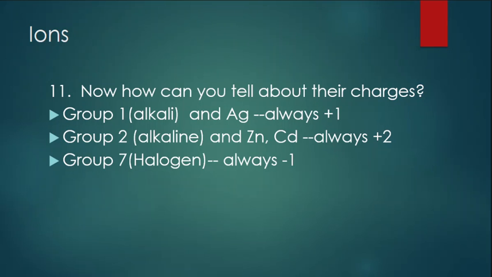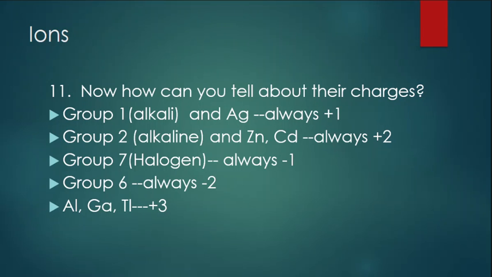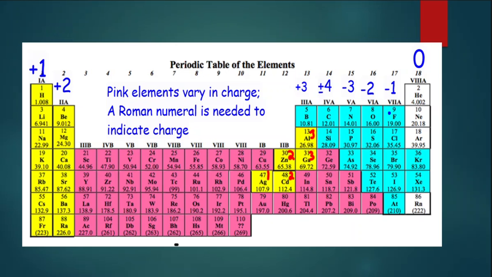The next to the last column are called the halogens, and they will always be -1. The ones next to them do not have a name for the whole row, but we know that they are -2s. And then finally, aluminum, gallium, and thallium are +3. You got those? Great.